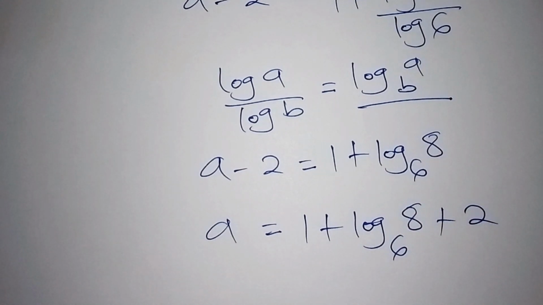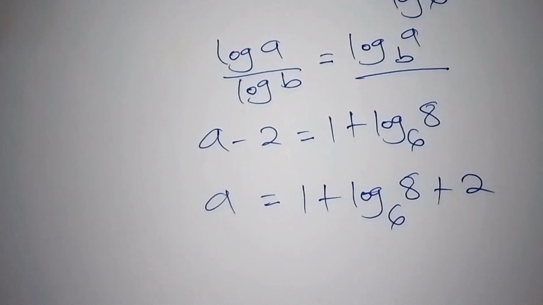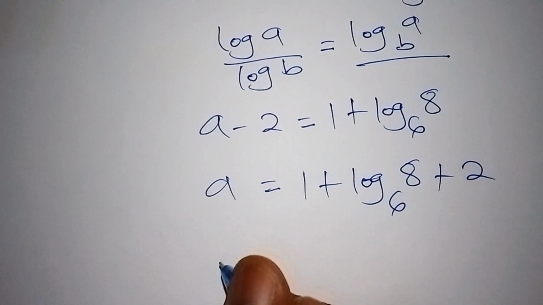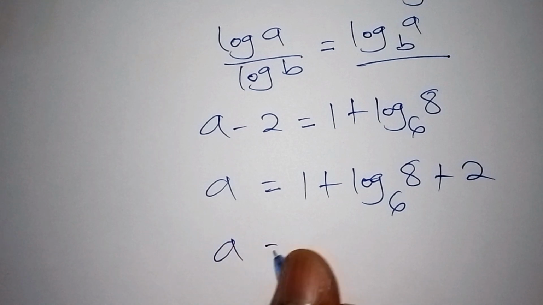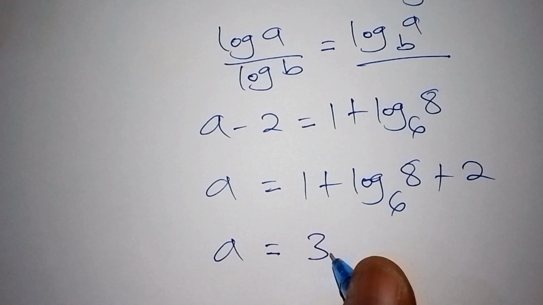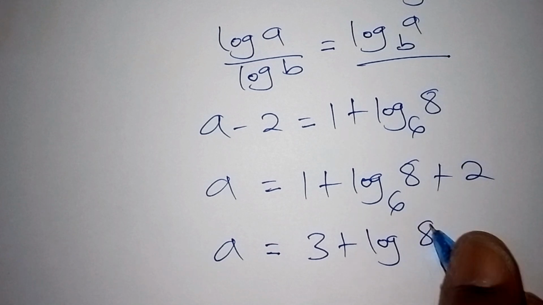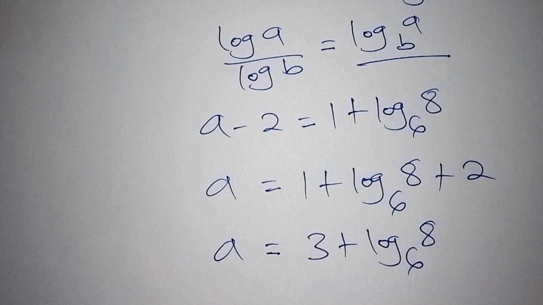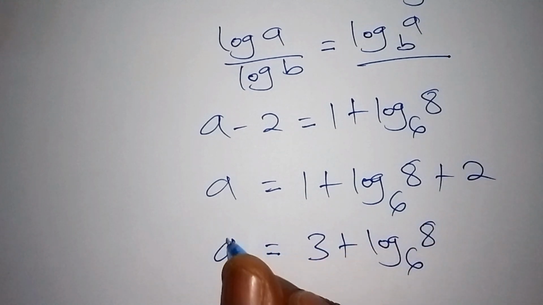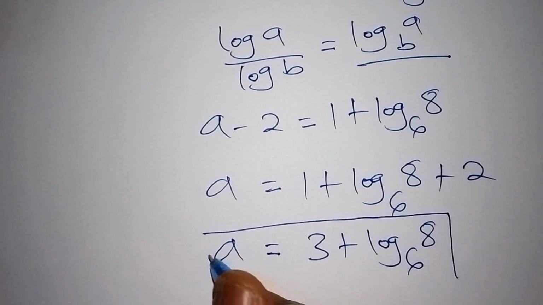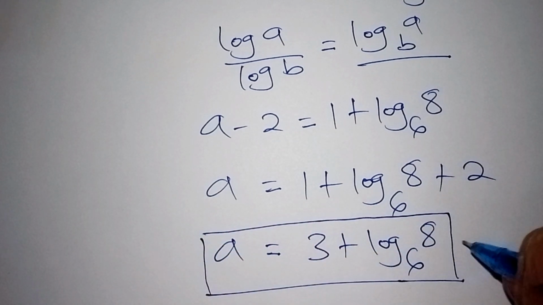So we now end up with our answer: 2 plus 1 is 3. So a is equal to 3 plus the log of 8 to the base of 6. This shall be our answer, expressed in logarithmic form.